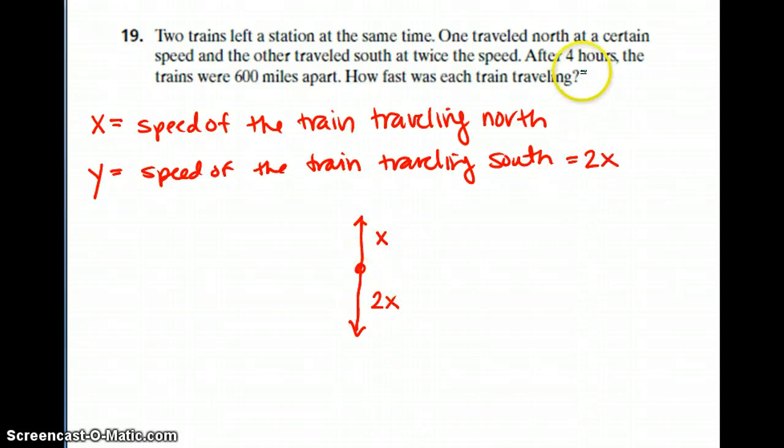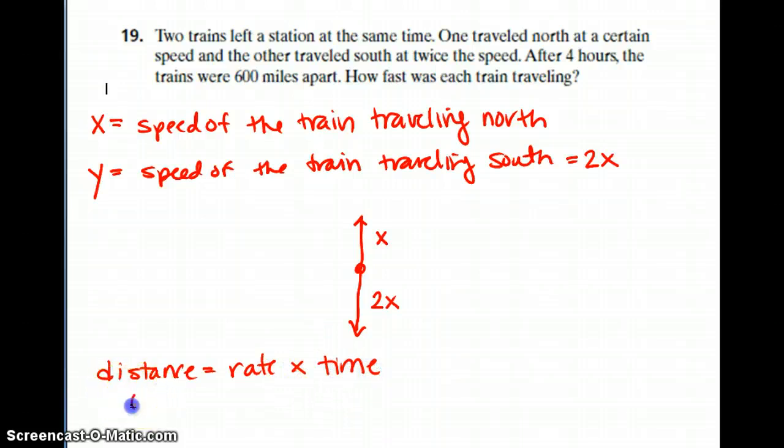Okay, so now they're again asking us, after 4 hours, the trains were 600 miles apart. So this is what I mean by you have to remember a concept. We're going to again do distance, because they give us a distance, equals rate times time.